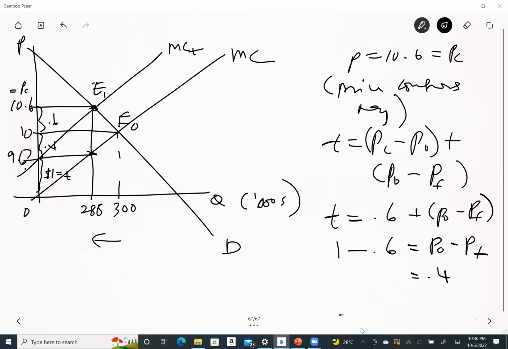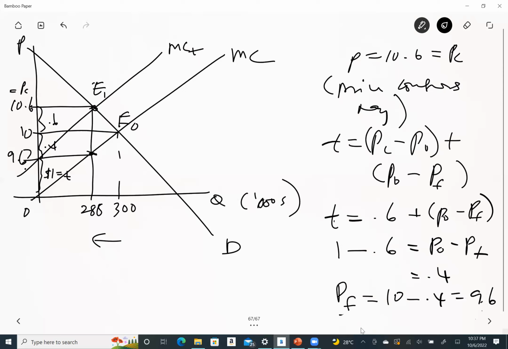So 1 ringgit, what is PC? What is PF? PF is 9.6. So PF is equal to, you can get it from here. So you got 10 minus 0.4. So 10 minus 0.4 equal to 9.6.